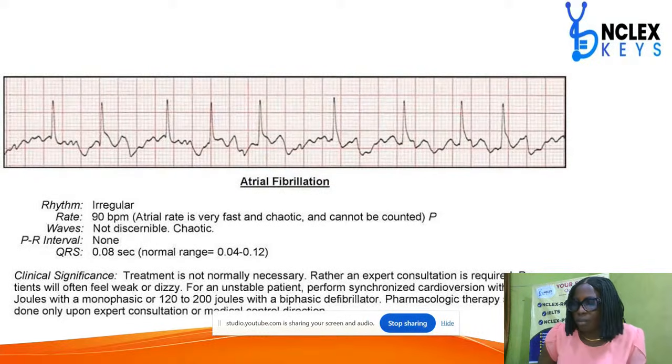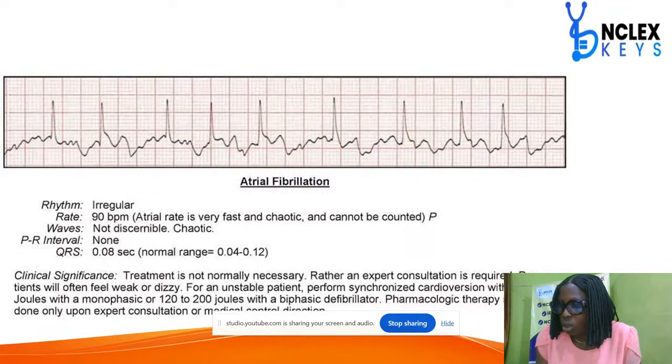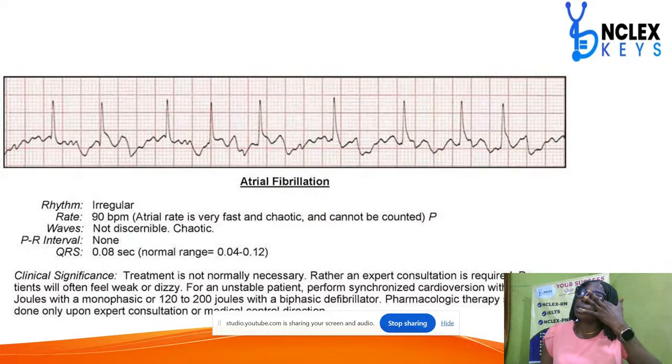My chest is pounding. Another thing you should know about AFib, A flutter, is that there's a tendency for blood to clot, because what caused the fib and the flutter is that instead of the atria holding on for the heart to be filled up before contracting, it's just quivering like that. It's not doing one contraction and stopping.